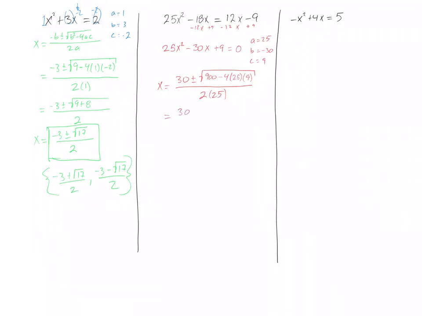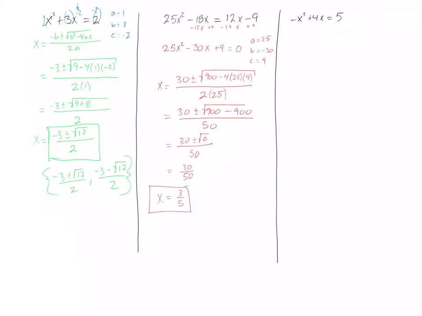Comes to be 30 plus or minus the square root of 900 minus 900, over 50. And notice, 900 minus 900 becomes 0. So it's going to equal 30 plus or minus the square root of 0 over 50. That's going to be 30 over 50, which is just equal to 3/5. So x is just equal to 3/5.